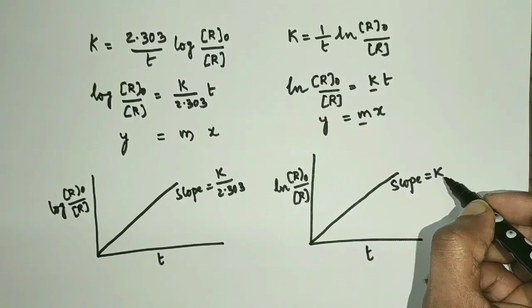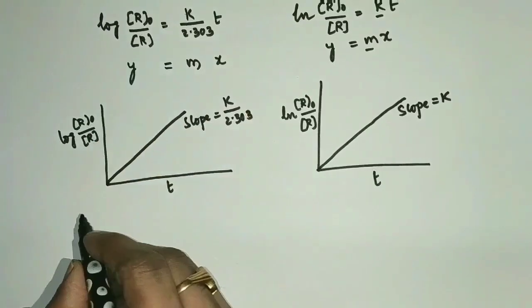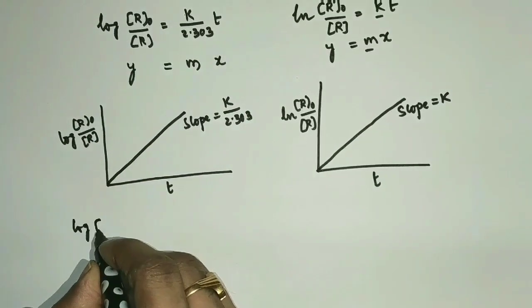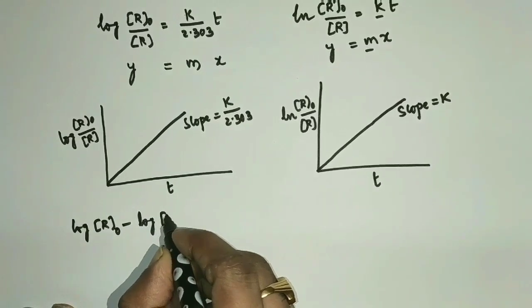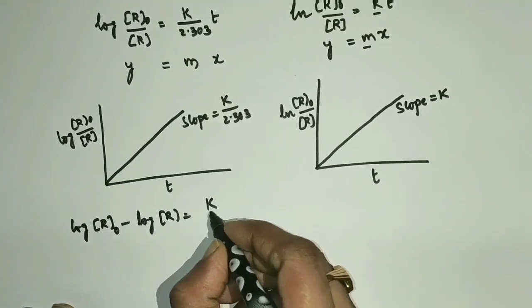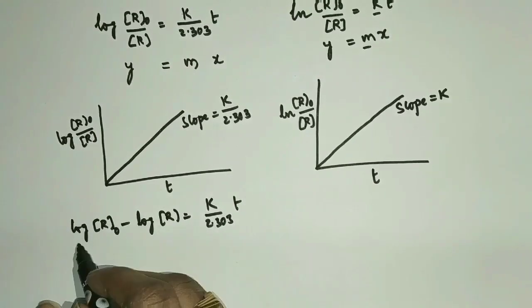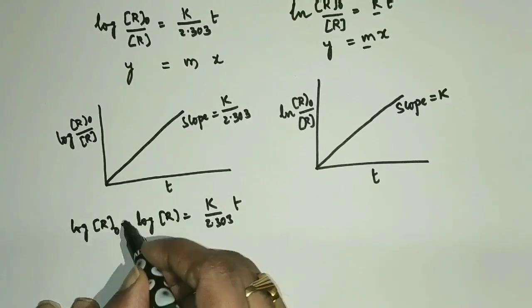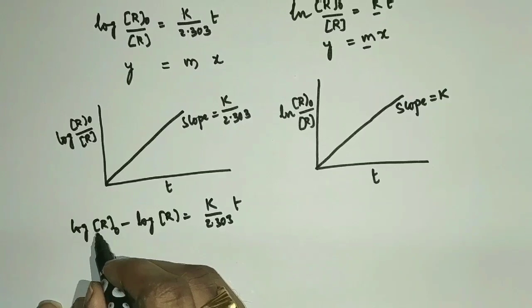We can take this log R naught by R as log R naught minus log R equal to k by 2.303 into t. Now this log R naught term can be considered as constant because initial concentration of reactants is constant. So I am moving this R naught term to the right side.